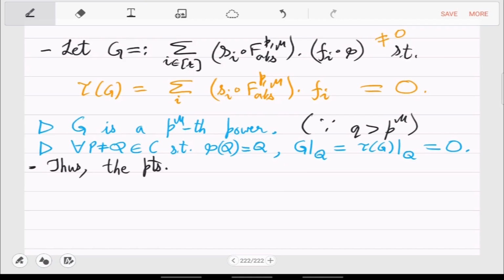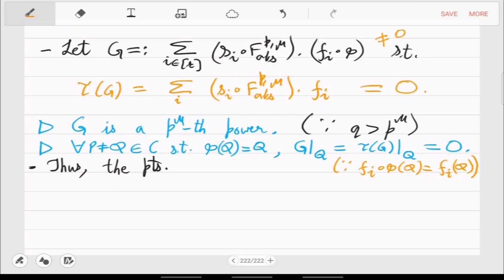Why? Just look at the evaluation of G on Q. So the psi part on Q and the phi part on Q. So the phi part on Q is what? phi Q. So it's as if phi is absent there, which means that you are actually evaluating tau G. But tau G is identically 0.